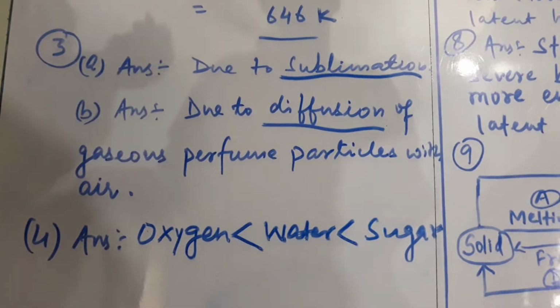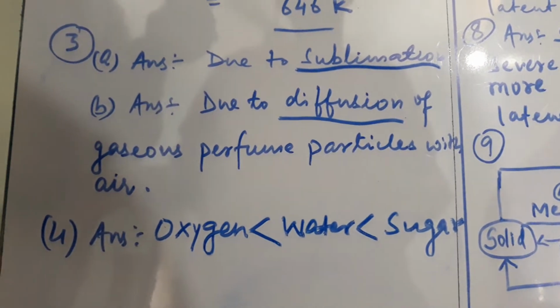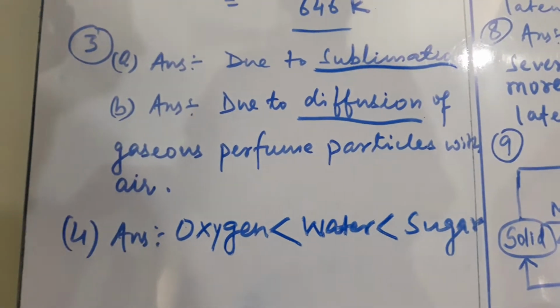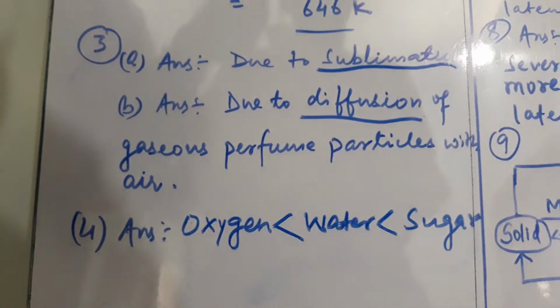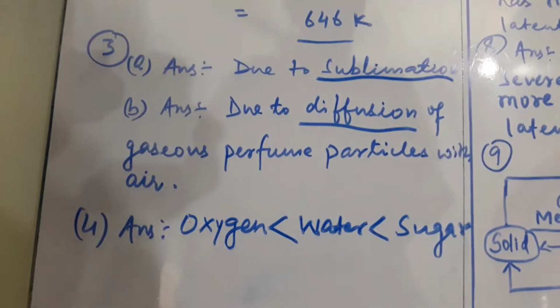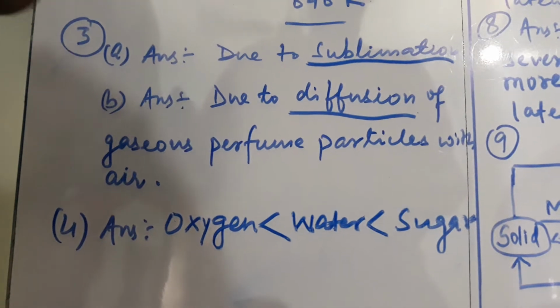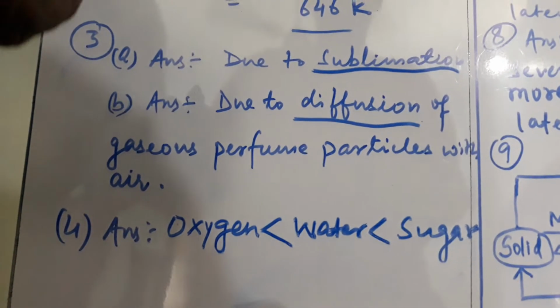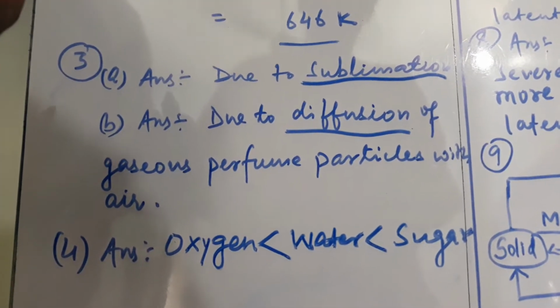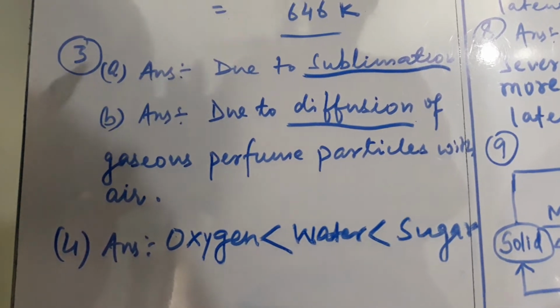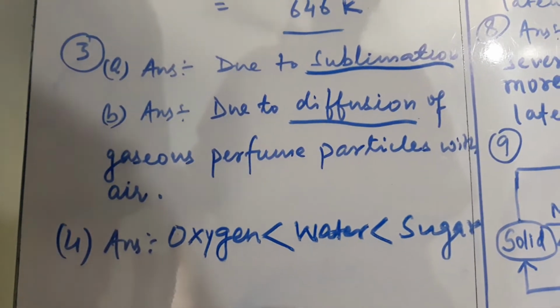Due to diffusion we get the smell of perfume from several meters away. Here the diffusion is very fast because the particles of perfume are also in gaseous form and they mix with the air; both are in gaseous state and so the diffusion is very fast.